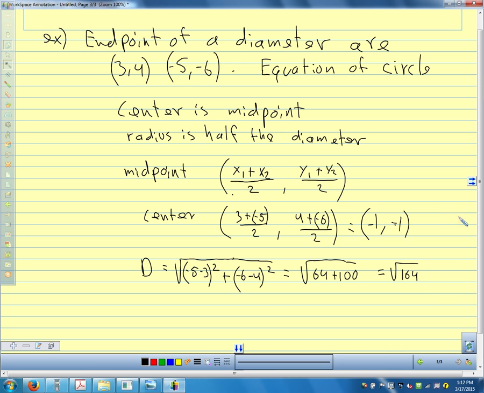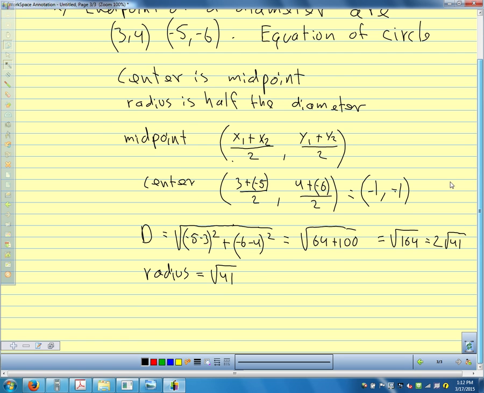Square root of 164, and I'm going to make this nice and neat. Square root of 164 in simple radical form is 2 square root 41. And so the radius is half of this, so the radius is just going to be the square root of 41.